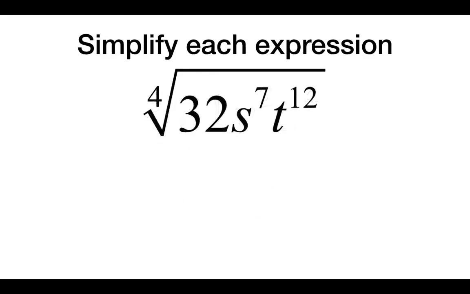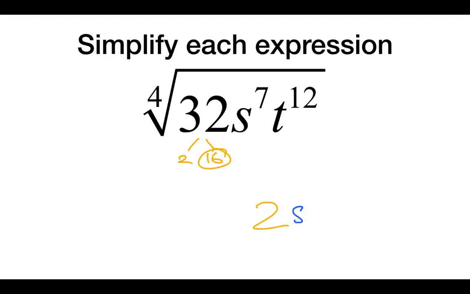Let's try this one. The 4th root of 32. So I know that that is 2 times 16. And 16, I actually know the 4th root of 16 is 2, because we've already established that earlier. Now, with s to the 7th, we can get out one set of 4 out of those 7.